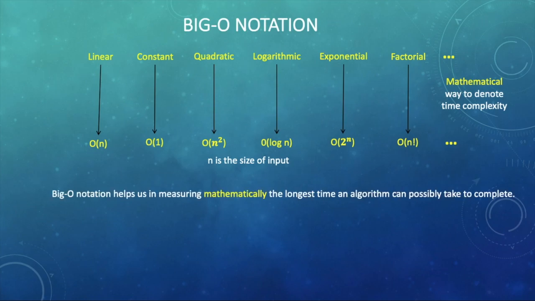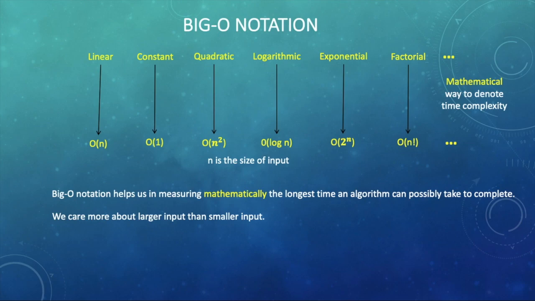As discussed in our last video, we mostly consider big O notation among the three asymptotic notations as it helps us in measuring mathematically the longest amount of time an algorithm can possibly take to complete. And whenever we are running an algorithm, the most important aspect with respect to execution time is how our execution time scales as the input gets larger and larger.